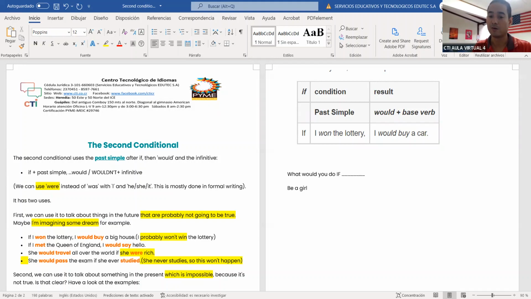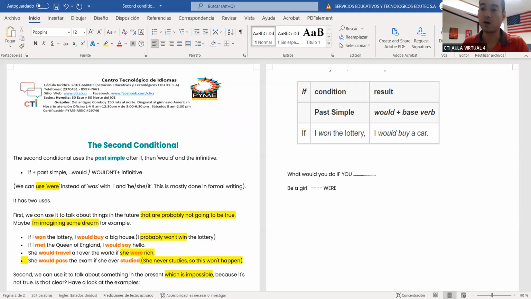How do you make the change for the past? What's the past of be? So, what would you do if you were? Everything is were for this topic.